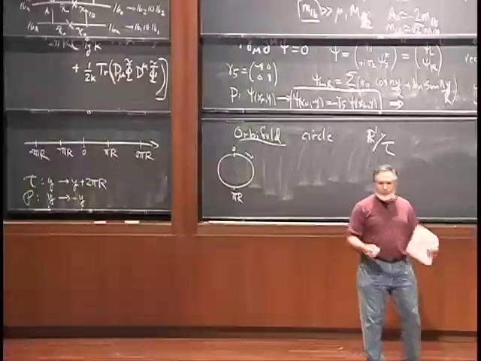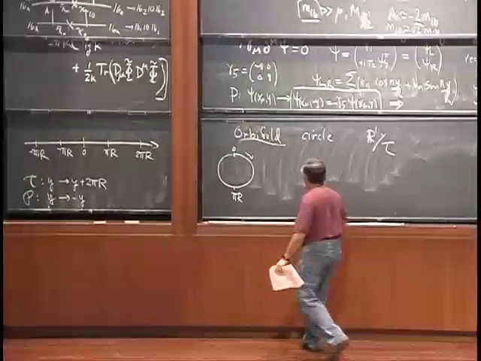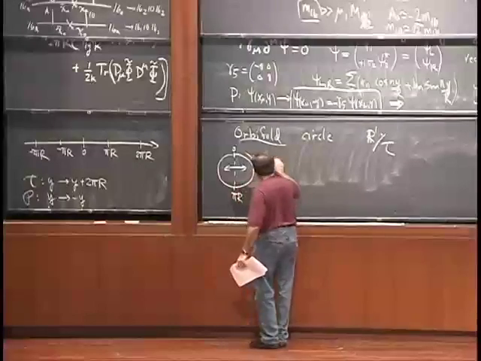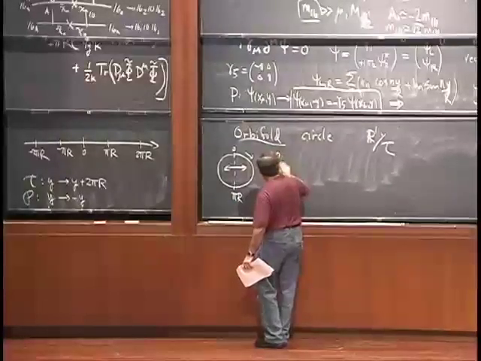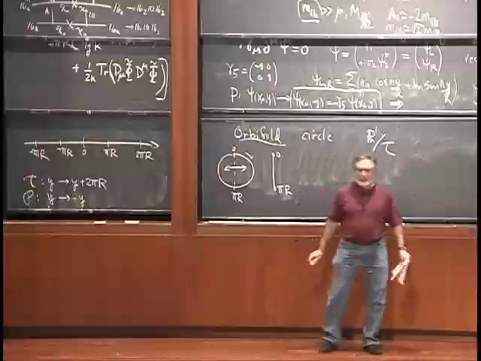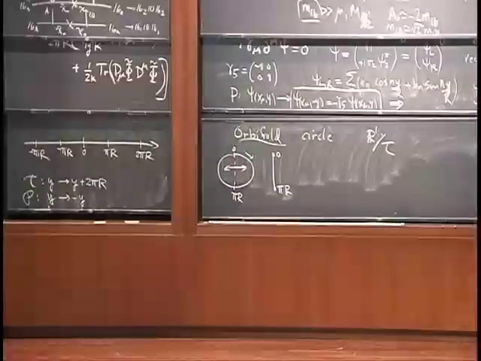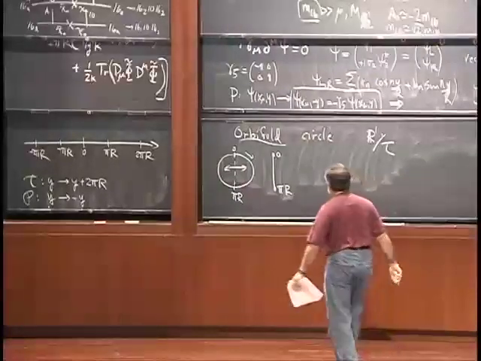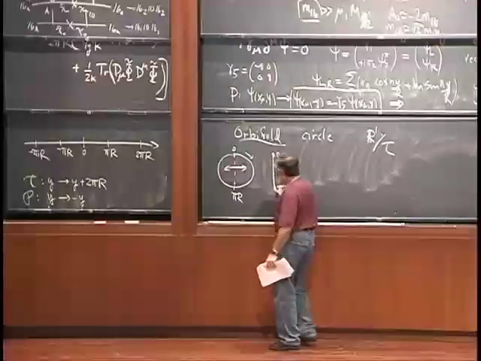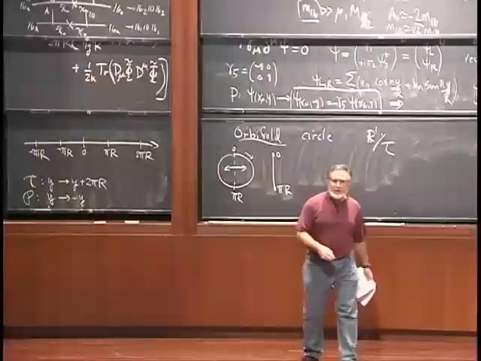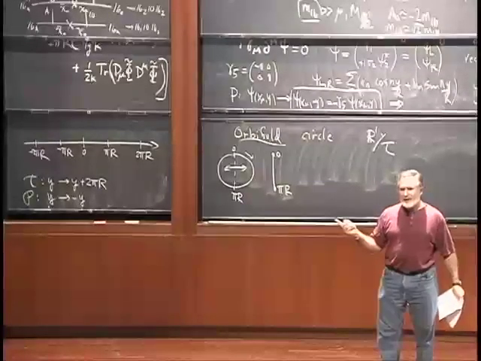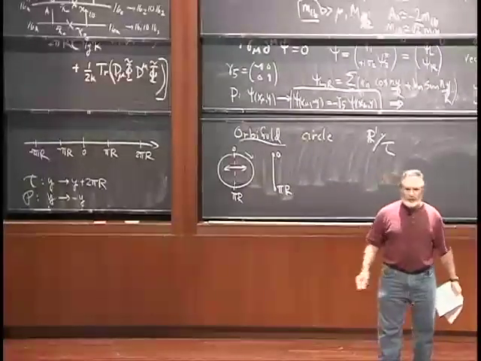And so by identifying things under that parity operation, we've reduced the circle to a line segment, which goes from 0 to pi r. Okay? And this line segment, defining our theory on this line segment, is an orbifold. It's an orbifold because these points, 0 and pi r, are fixed points of the parity operation. 0 doesn't go anywhere under the parity operation. Pi r doesn't go anywhere under the parity operation.